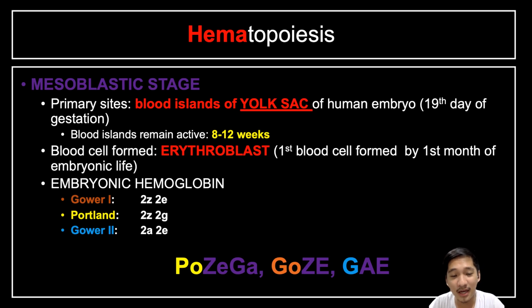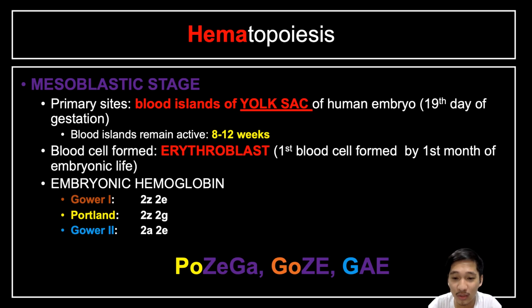During my college days, we had a mnemonic given by our professor: Poseiga, Gozeiga, E. To easily memorize the embryonic hemoglobins, Portland has 2 zeta and 2 gamma. Next, we have the Gower 1, with 2 zeta and 2 epsilon.